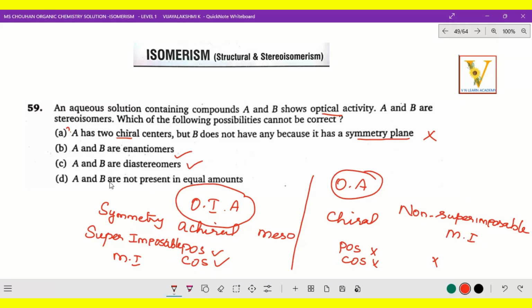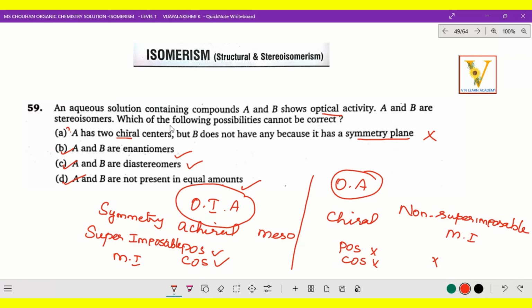The next one, A and B are not present in equal amounts, yes, it will not be 50 to 50 percent, because a racemic mixture is optically inactive. So this is also correct. The correct statements are B, C, D, but in the question they are asking for the non-correct one, that means the statement which is not correct.